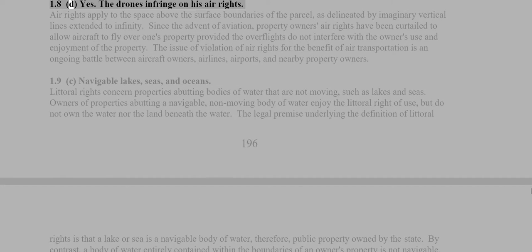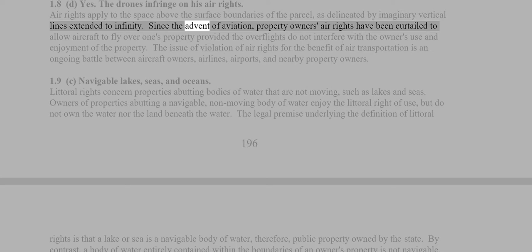1.8 D. Yes. The drones infringe on his air rights. Air rights apply to the space above the surface boundaries of the parcel, as delineated by imaginary vertical lines extended to infinity.